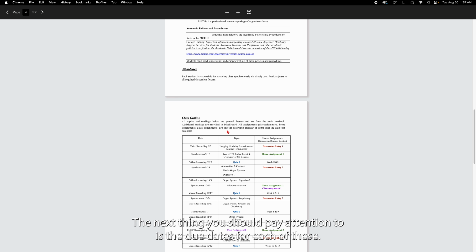The next thing you should pay attention to is the due dates for each of these. Now it's gonna be on Blackboard. However, pay attention here. It's pretty straightforward. Each assignment is due, unless otherwise explicitly said by me, the following Tuesday after the date first available.